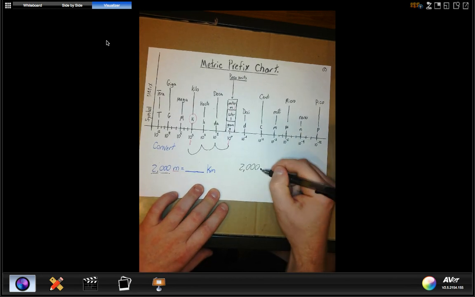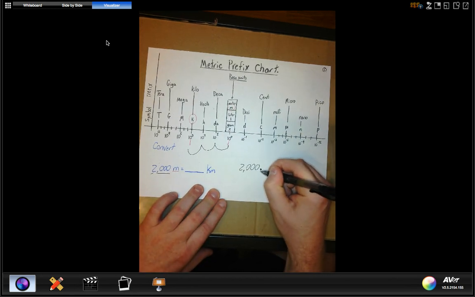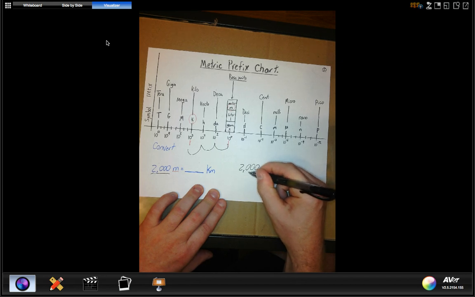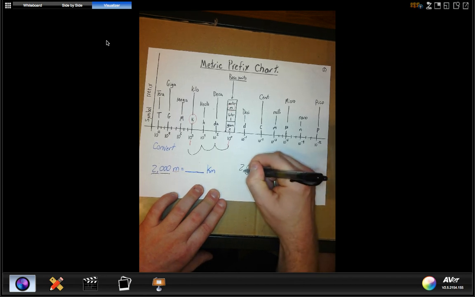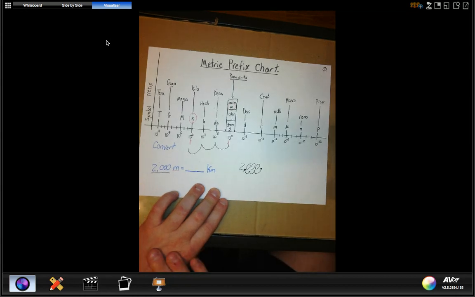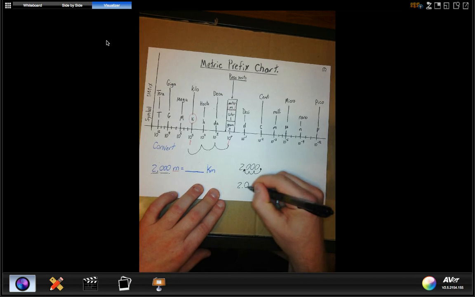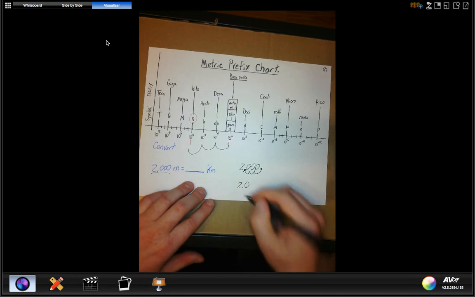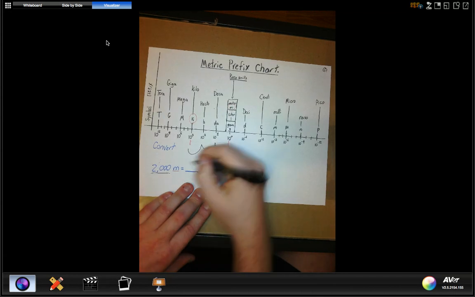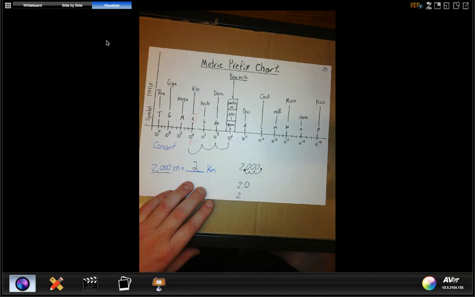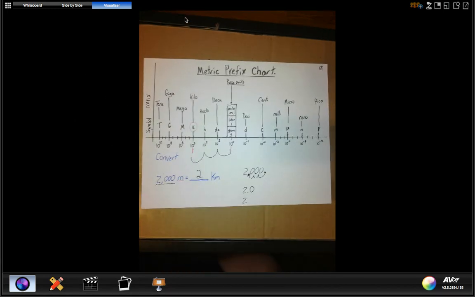So I take this decimal point, I move it 1, 2, 3, and it ends right there. So my answer is 2.0 kilometers, or just 2. Once again, I will hit pause, we'll set up a next problem, and we'll go from there.